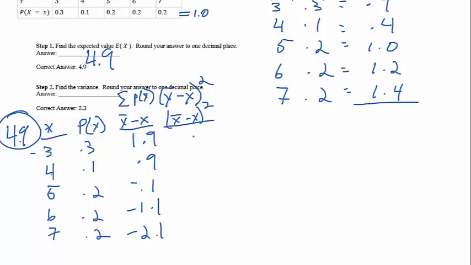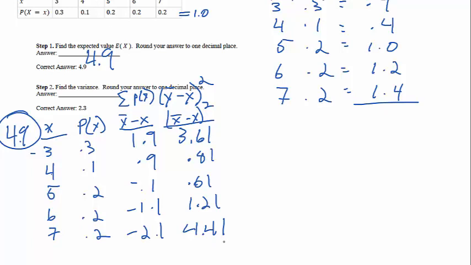Squared. 3.61. 0.9 squared is 0.81. 0.1 squared is 0.01. Negative 1.1 squared is 1.21. And negative 2.1 squared is 4.41.